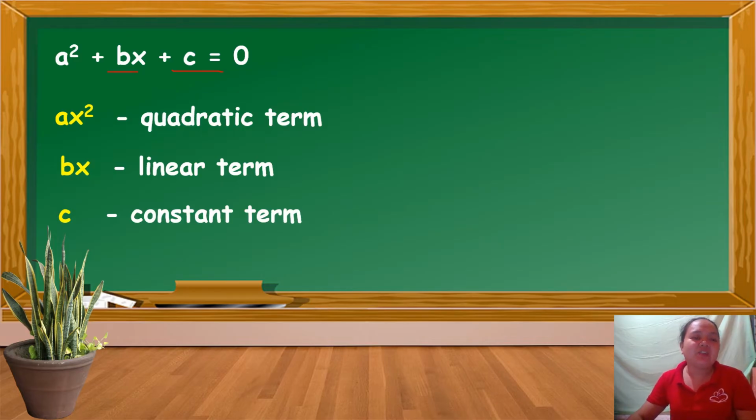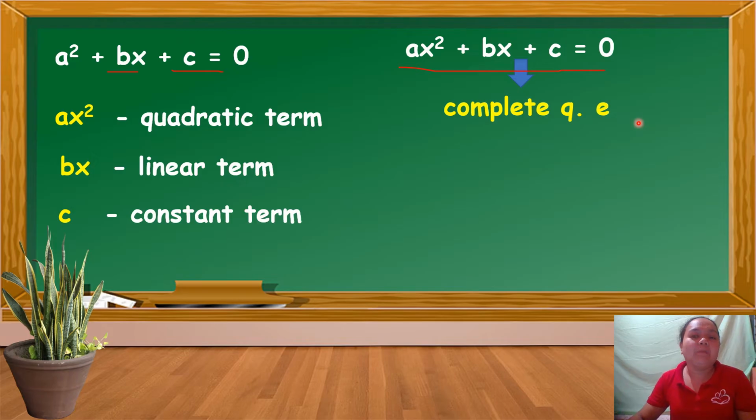This a should not be equal to 0 because kung mag-equal siya sa 0, it is no longer called a quadratic equation but a linear equation. So again, this is our standard form. Once the 3 terms are given, it is called a complete quadratic equation.